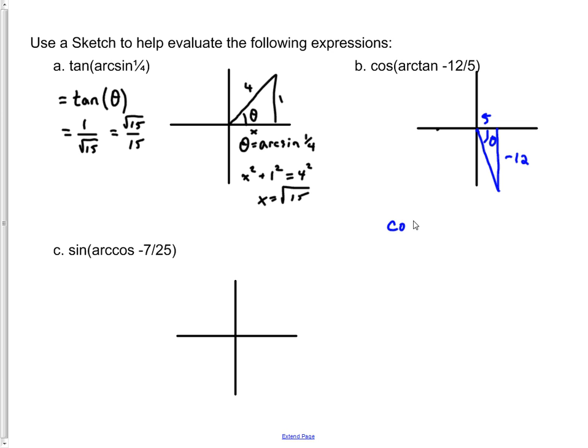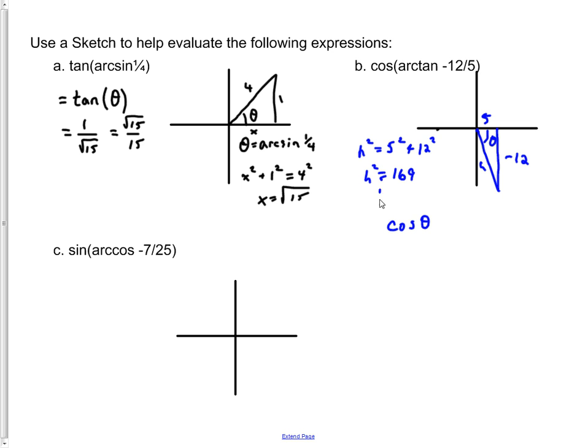So that means we would want to know what the hypotenuse was. Well, if we know what our hypotenuse is, let's see, h squared is equal to 5 squared plus 12 squared. Let's see, that's 25 and 144. H squared is equal to 169.